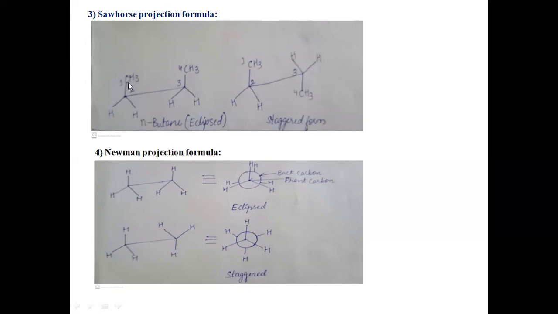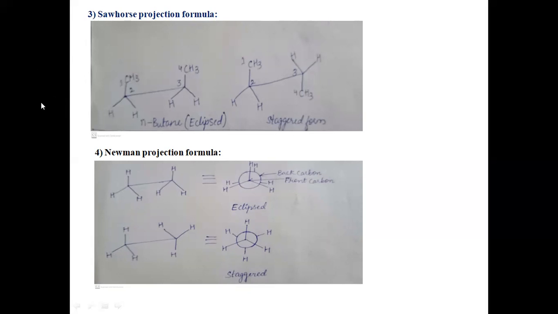So the Sawhorse projection formula gives us the spatial arrangement of these groups which are bonded to the two adjacent carbon atoms. These are the groups bonded to the carbon atoms.